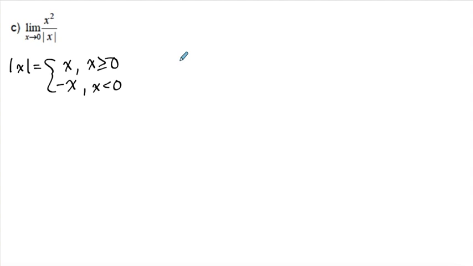So what happens when we're taking x squared and dividing it by the absolute value of x? We're going to get a positive x squared divided by an x, which would just give us an x. That's when x is greater than 0.